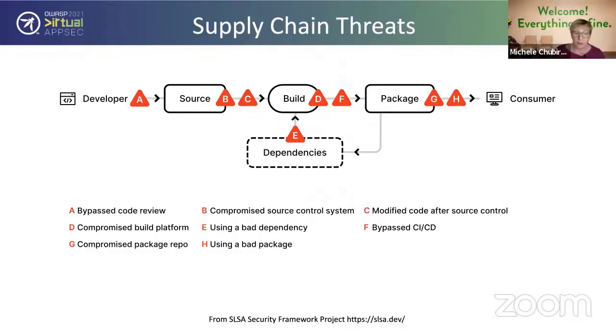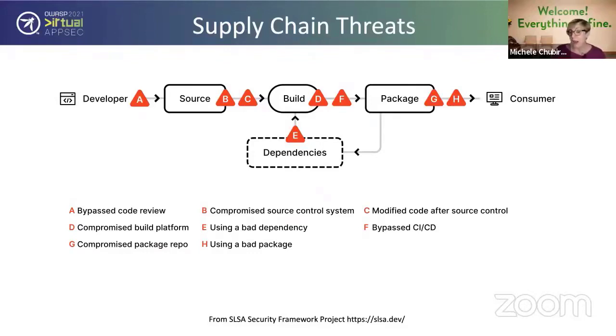You could have a compromised build platform. There are plenty of vulnerabilities out there regarding Jenkins and Travis CI. You could have a bad dependency. I think everybody today is pretty aware of the threat against open source software dependencies. Just the other day, NPM had an announcement of a problem with some malware embedded in some commonly used NPM modules.